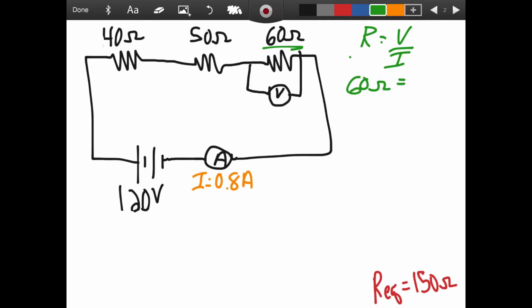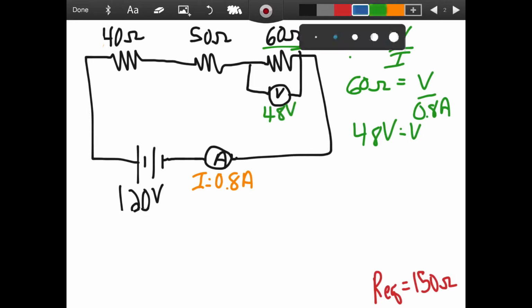We know that the voltage here, it's not 120. It is what we're looking for, so we're going to leave that as a variable. And the current here, anywhere in this circuit, is 0.8 amps. So multiply that out, and we should get a voltage of 48 volts in this voltmeter. So this would measure 48 volts.